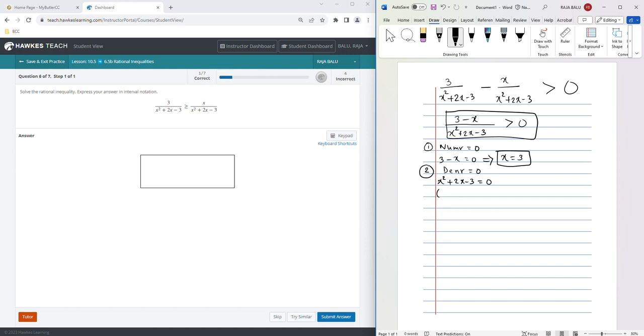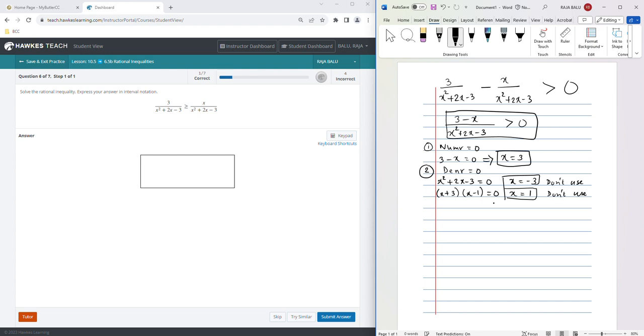So here is a factoring situation. This would be x plus 3 times x minus 1 equal to 0. So this gives me two values of x equal to negative 3 and x equal to positive 1. And you're not going to use either one of them. So I'll say don't use on that and don't use on the one below.